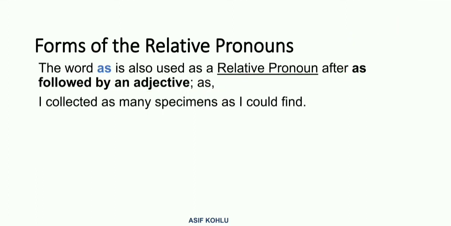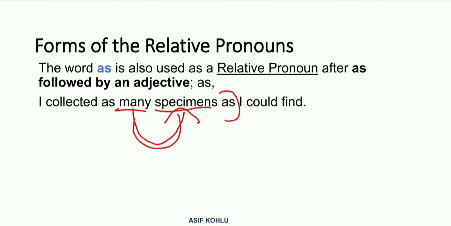We have the example: I collected as many specimens as I could find. So here we have an adjective, many. In the adjective portion we have said that an adjective is used attributively and modifies the noun that immediately comes after it. So specimens are the nouns and many is modifying this noun.